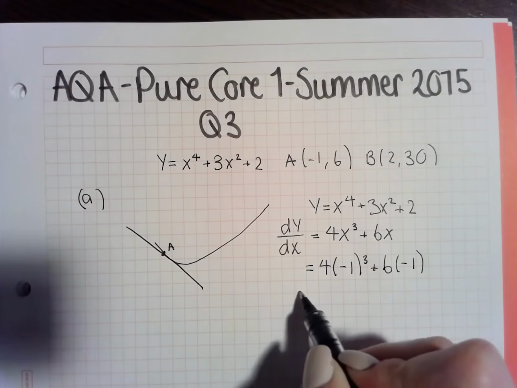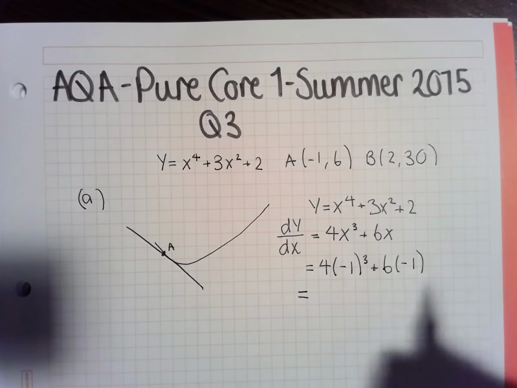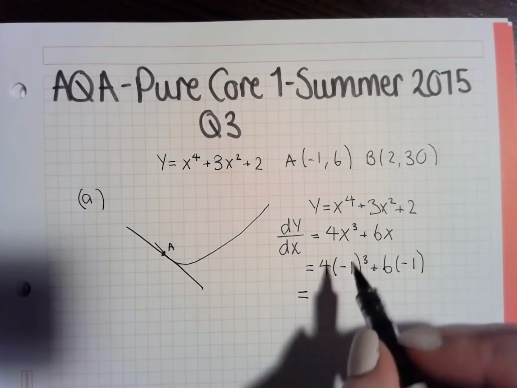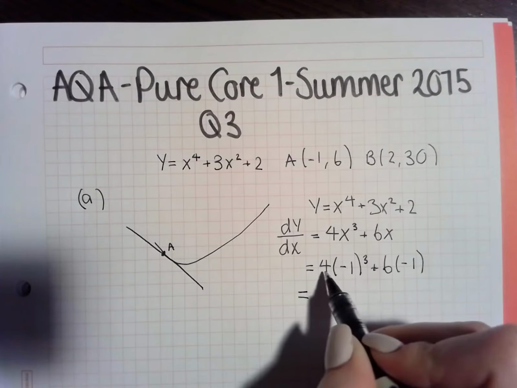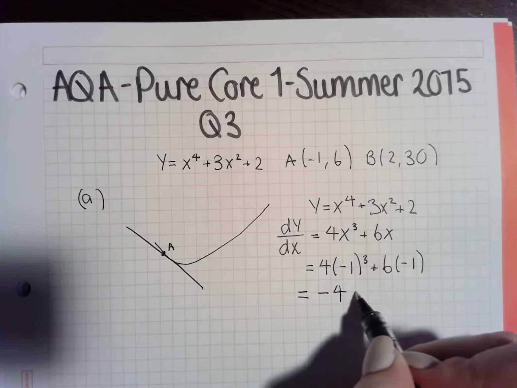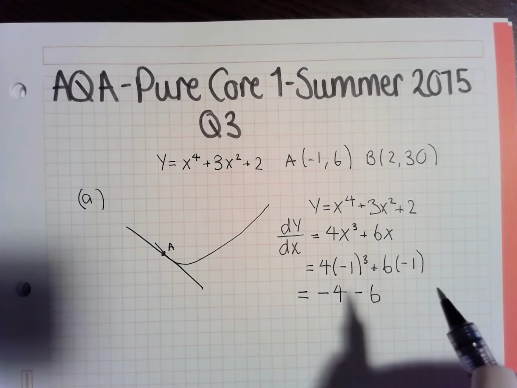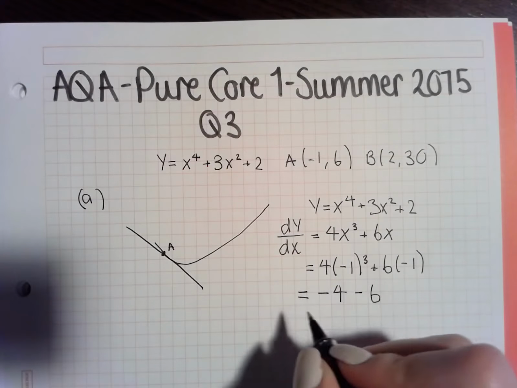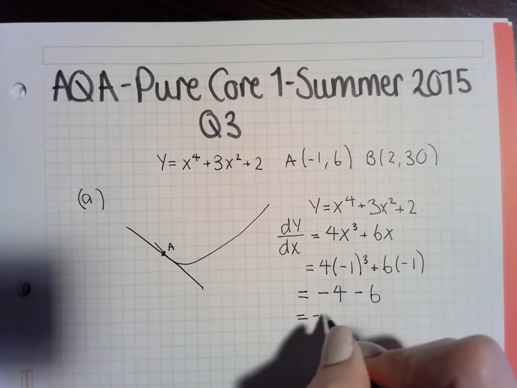Be careful with all the minuses and pluses, because it can really mess you up. So this is -1 times 4 is -4, and 6 times -1 is -6. So we find that the answer is -10.